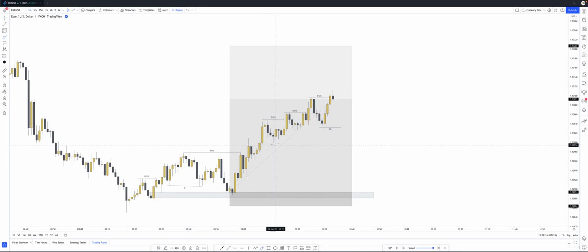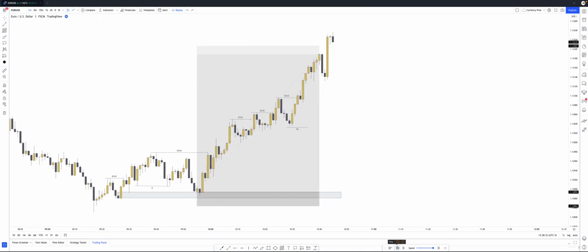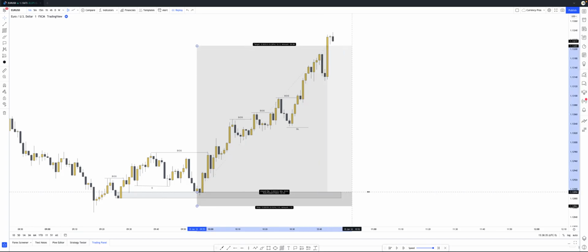Just to clarify, these are the low points, right? So we would just gradually move the stop loss up because this is representing very healthy bullish order flow. So we would still want to be in the position. Let's continue. Okay, so as you can see, it shot up pretty significantly there.